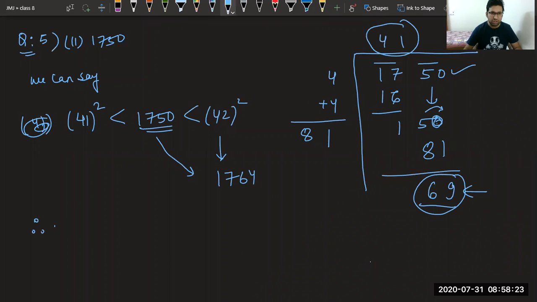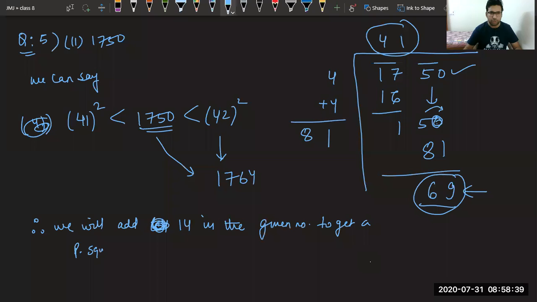Therefore we will add 14 to the given number to get a perfect square. Under root 1764, we all know the answer is 42.